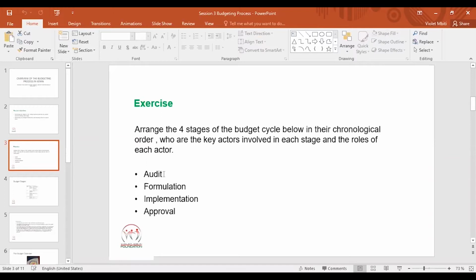We have audit, formulation, implementation, and approval. I'd like to hear from you. Which stage is the one that starts, and it is followed by which one, till the end? It is an open forum, so I'd like to welcome you to give your input on it.